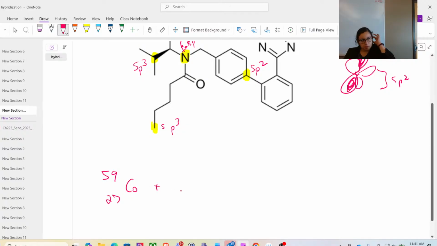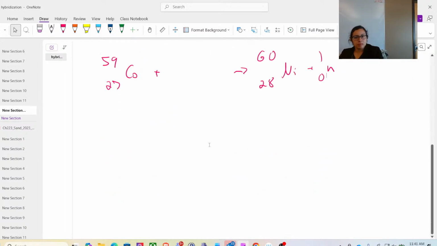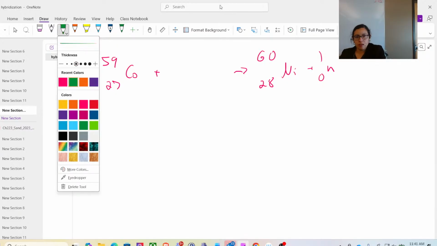And what particle is it bombarded with to give us 60 nickel and a neutron? And I'll sketch out another one while you work on that.